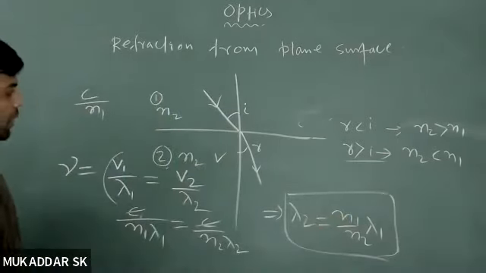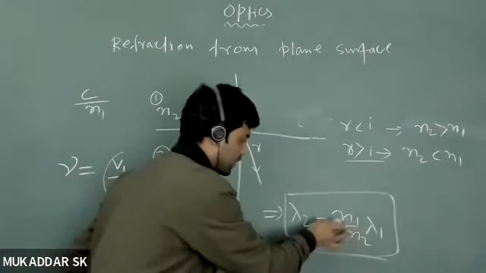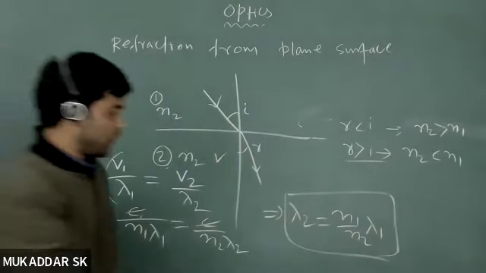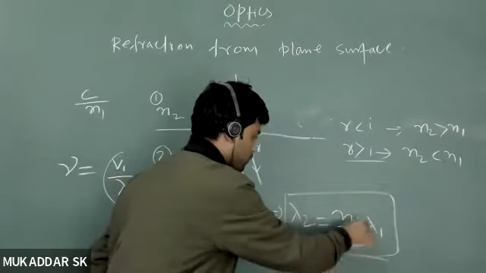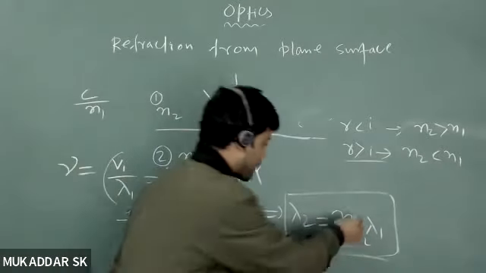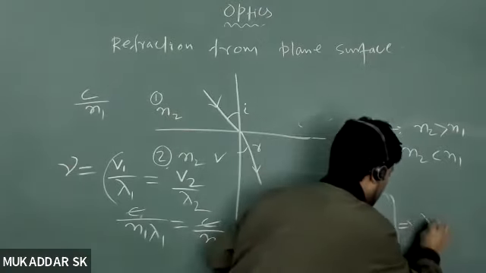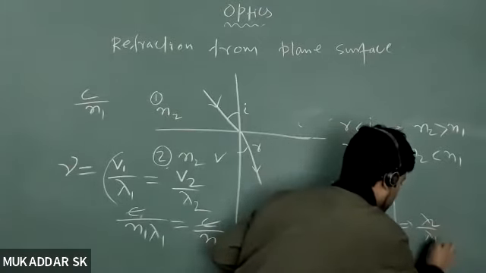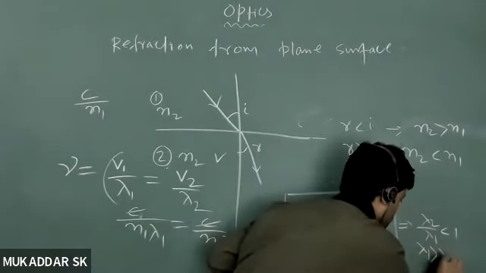If medium 2 is denser, obviously N2 will be greater than N1. Then this factor will be smaller than 1. When N2 is greater than N1, lambda 2 by lambda 1 is smaller than 1. It means lambda 1 is greater than lambda 2.